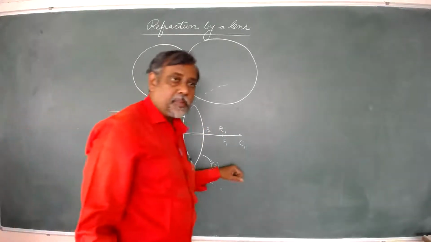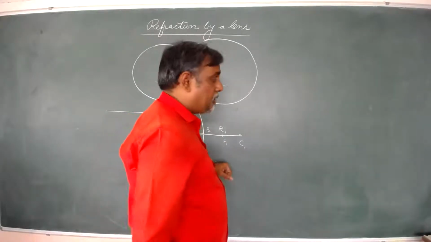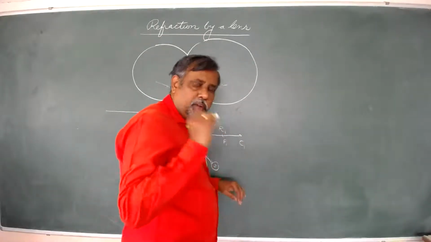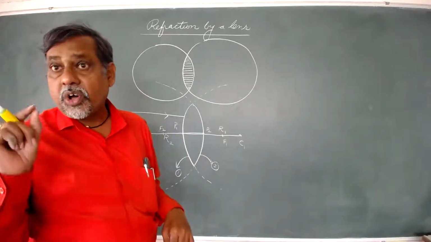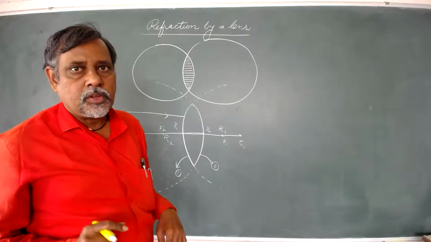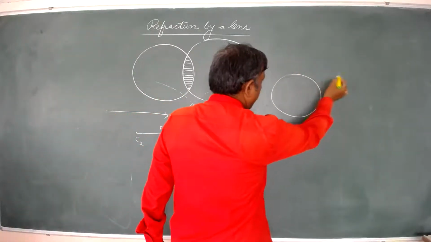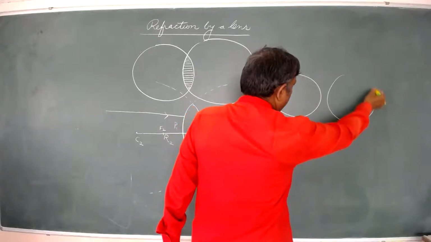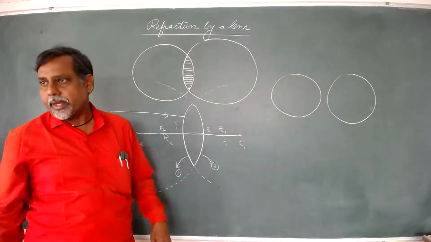Okay, now I will be taking up the concave lens. How do we get a concave lens? Even here, you will be taking the combination of two solid spheres. Got it? So this becomes one solid sphere, and this becomes one more solid sphere over here. But the overlapping of these two spheres should not be taken.